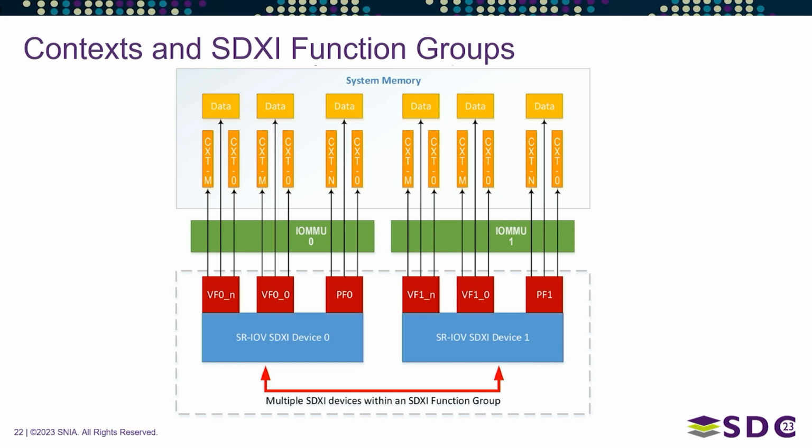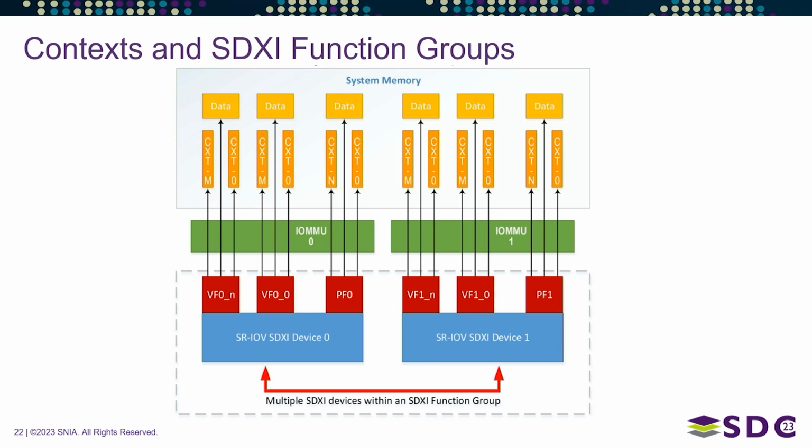Each of these PFs and VFs can have their own set of contexts. Like I talked about in the previous slide, a function can have multiple contexts. So even though I'm showing a few contexts per function, you can imagine that there are about 2 to the power 16 contexts possible per function.